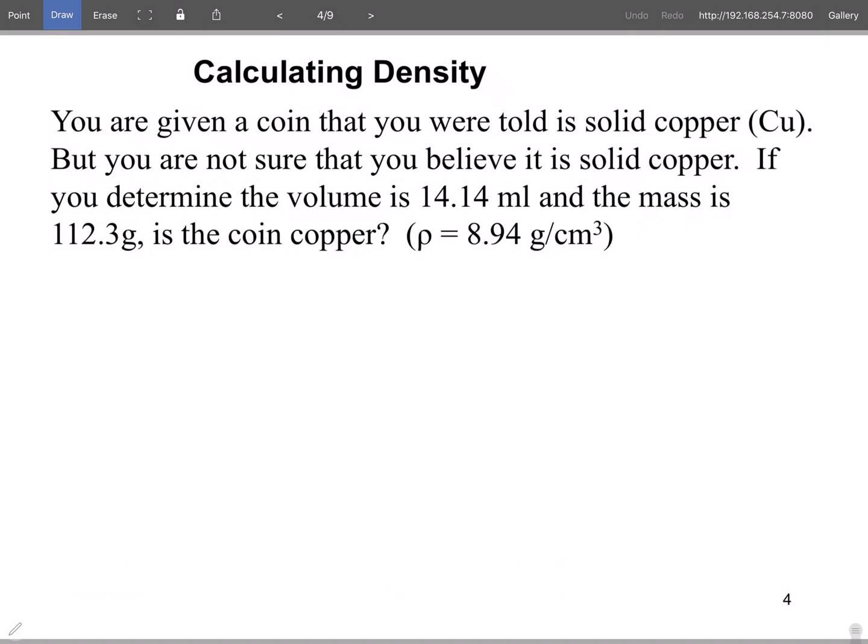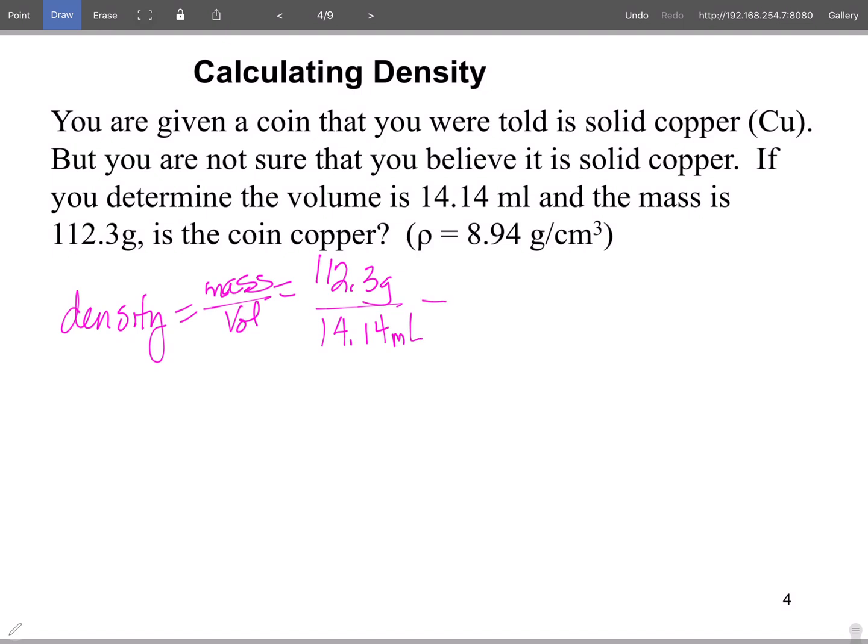Okay, so let's look at a problem. And this one comes out of your text. You're given a coin that you were told is solid copper. You're not sure you believe that it is solid copper. If you determine the volume and the mass, is the coin copper? Well, we know that density is equal to mass over volume. So it is 112.3 grams divided by 14.114 milliliters. When we do the math, remember we have to have a 1 in the bottom.